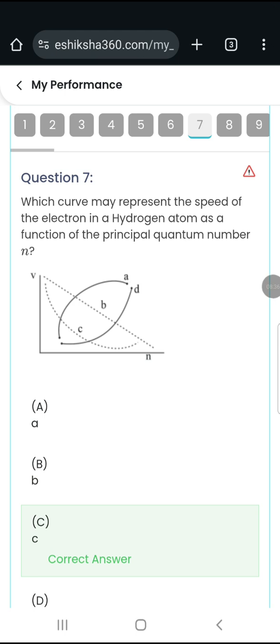Which curve may represent the speed of the electron in a hydrogen atom as a function of the principal quantum number n?